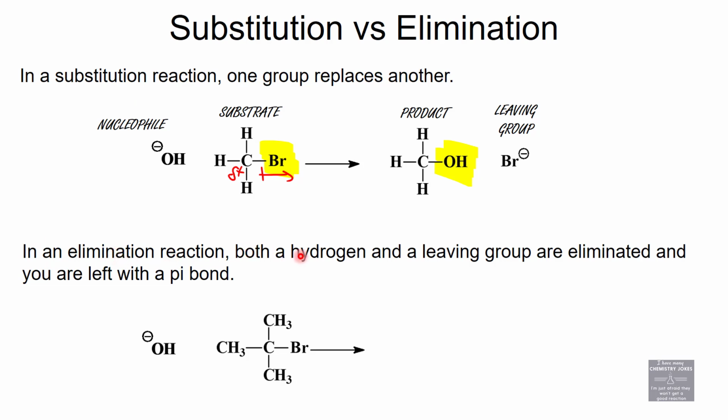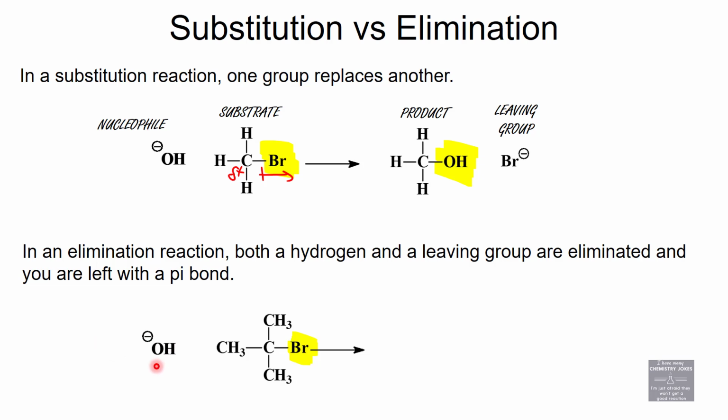In elimination, a hydrogen and a leaving group are eliminated. In all of this chapter, who's the leaving group? A halogen. So a hydrogen and a halogen are going to go away, and you're going to get a brand new pi bond. In this bottom one, this guy, he has a pair ready to share.